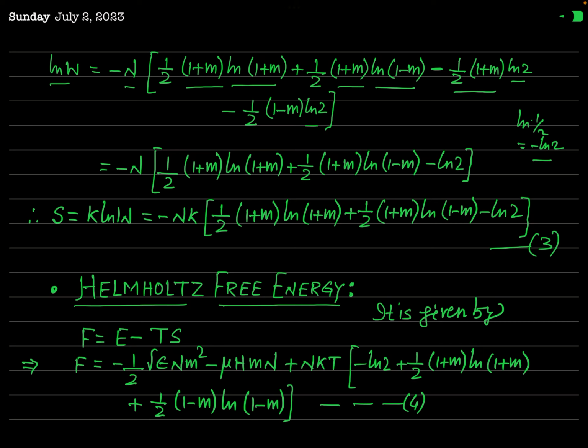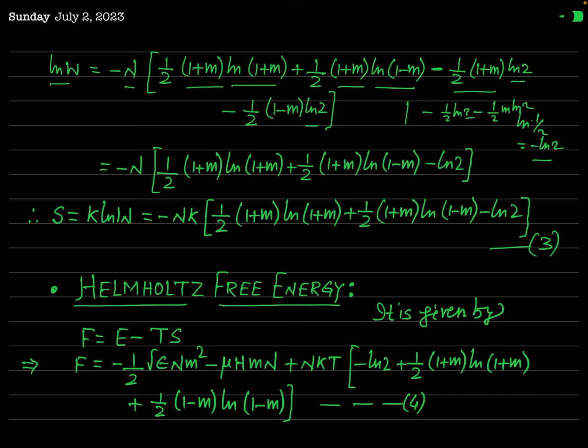Now see the last two terms. When you multiply this, you will get minus half log 2, and minus 1 by 2 m log 2.